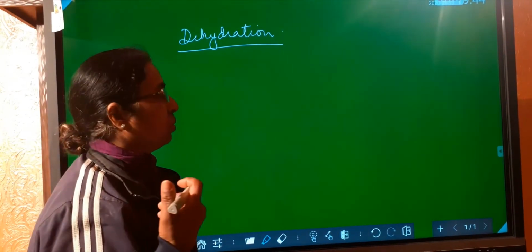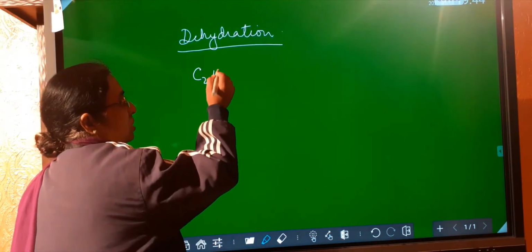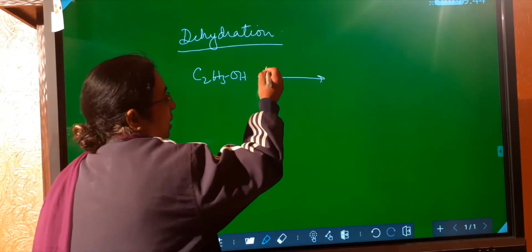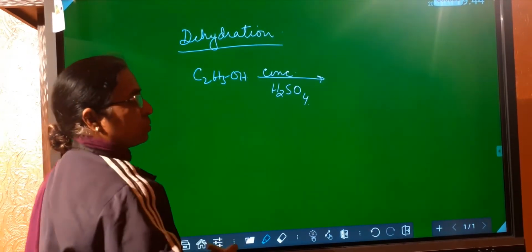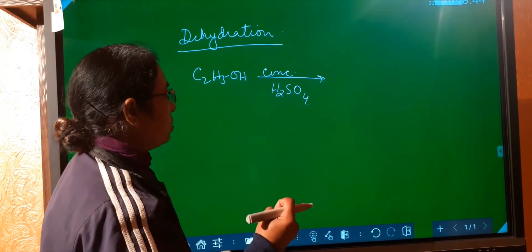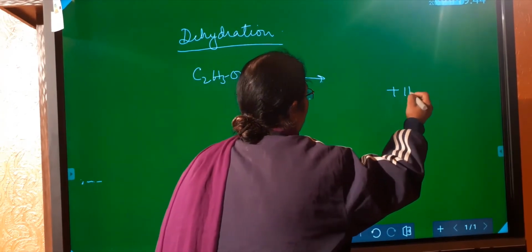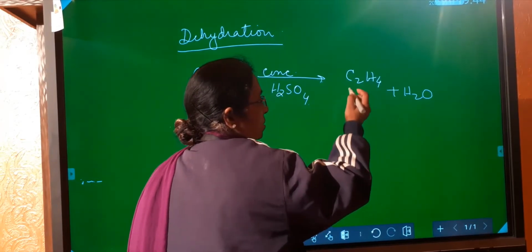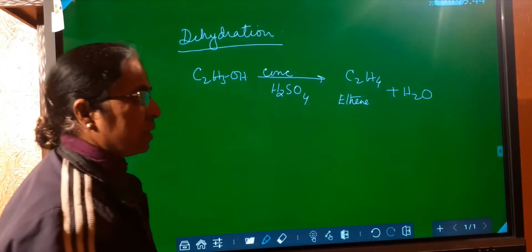डिहाइड्रेशन का मतलब क्या होता है? डिहाइड्रेशन का मतलब हो गया एक वाटर मॉलिक्यूल को निकाल देना। अब ये वाटर मॉलिक्यूल को निकाल देने के लिए हमें क्या करना होगा, C2H5OH, इसको अगर हम ट्रीट करेंगे कंसेंट्रेटेड H2SO4 से। कंसेंट्रेटेड H2SO4 का काम होता है कि ये पानी को खींच लेता है। अब इसमें से अगर आप एक H2O को माइनस कर दीजिए तो इसमें बच गया C2H4, and C2H4, we know that this compound is ethene plus H2O.